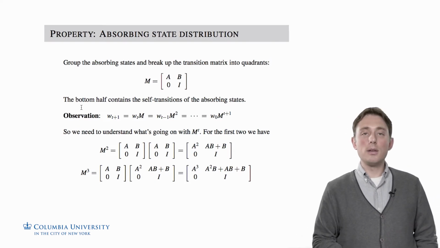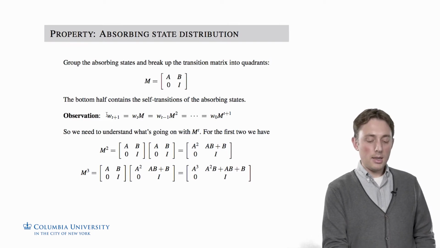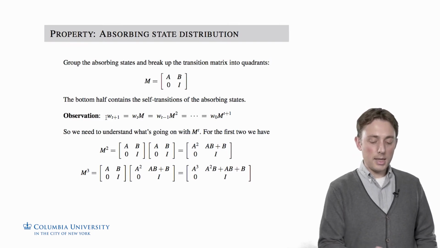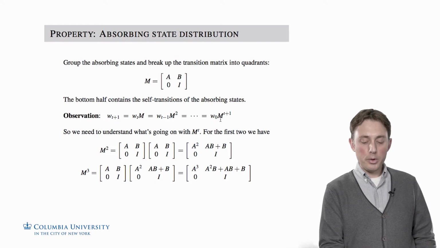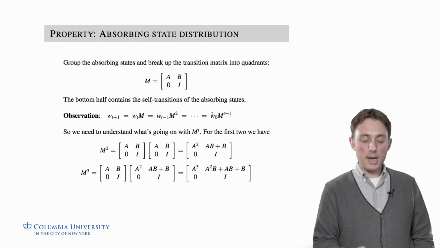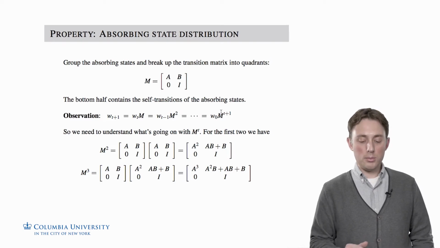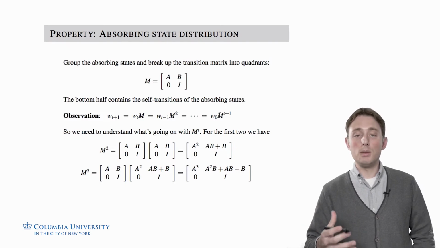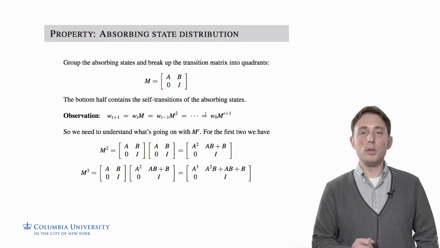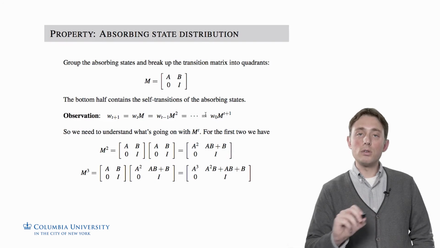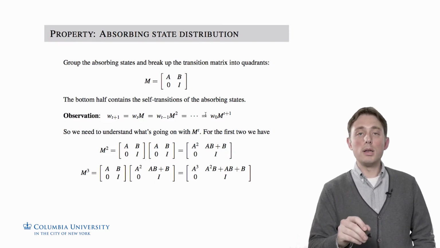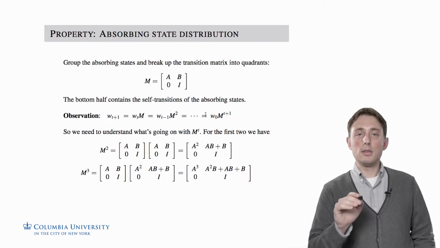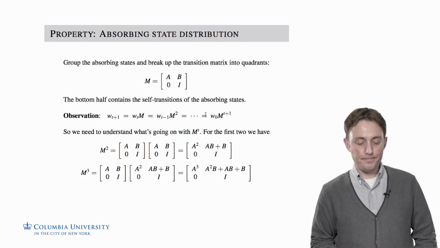Now we again write the observation that the distribution of where I'm at at time t plus 1 can be broken down to the distribution of where I'm at at time 0 times the matrix M to the power t plus 1. This is the matrix M multiplied by itself t plus 1 times. And remember, W0 is a vector of all zeros except for a 1 in the index of the state that I'm starting at.